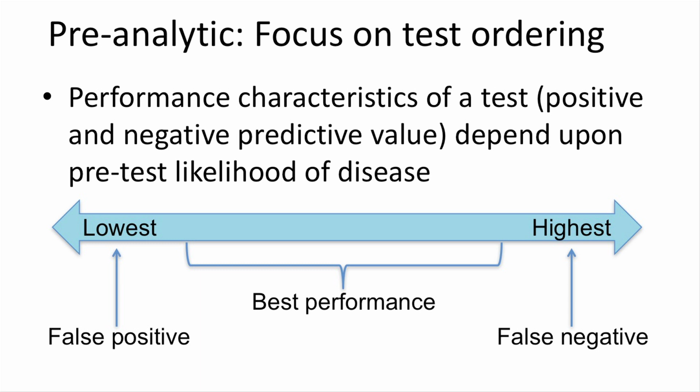So diagnostic tests perform the best when there's an intermediate sort of a pre-test likelihood of disease. So a lot of what we can do to support stewardship and try to limit unnecessary antimicrobial use is to try to limit testing in the low pre-test likelihood population.